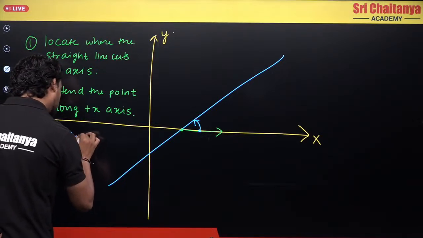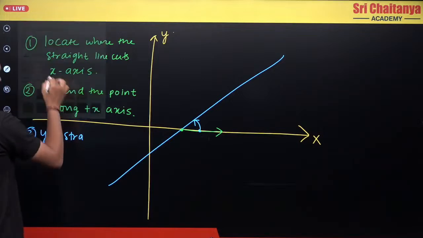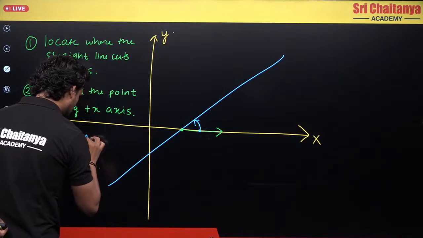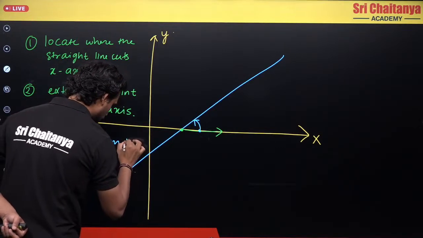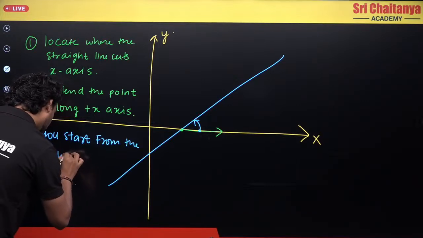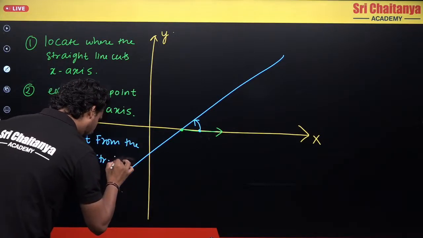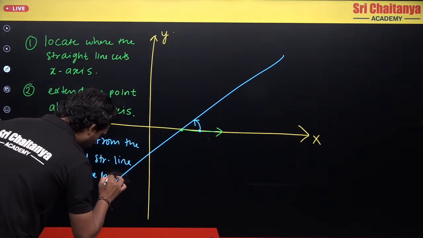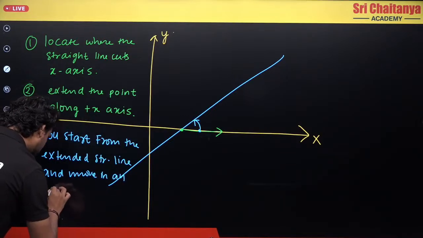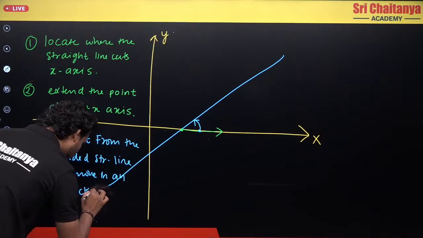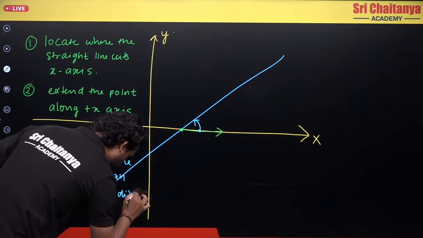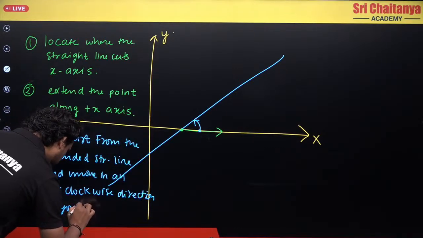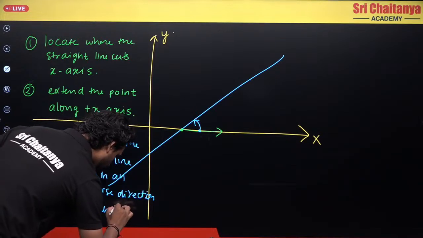You start from the extended line and move anti-clockwise till you reach the straight line.